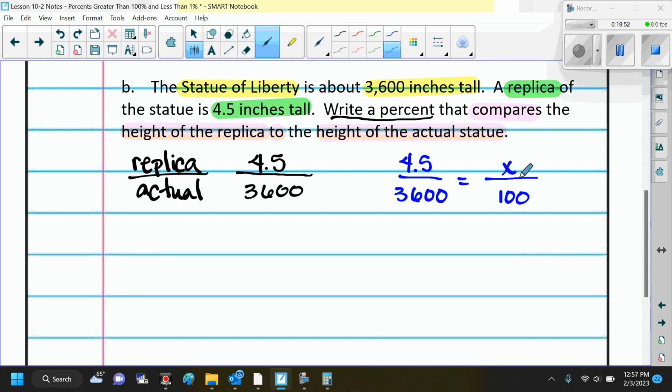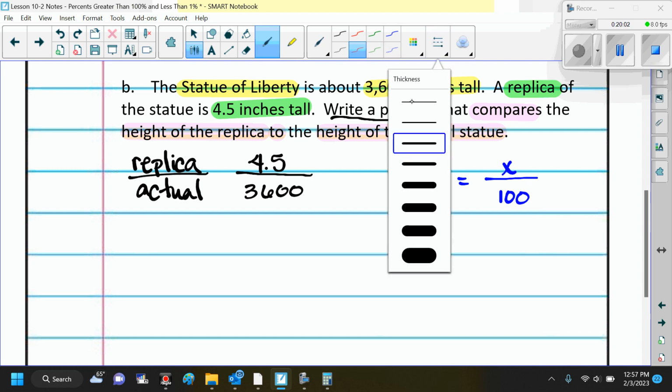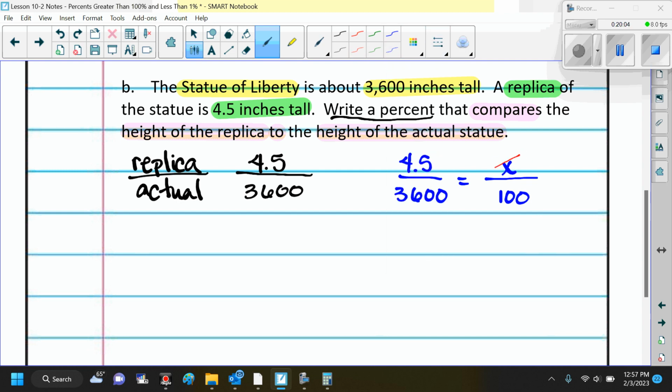Now, I know that I can't get from 3,600 to 100 directly. So I'm going to cross multiply. So when we cross multiply, we've got 3,600x on this side, and then on the other side, 4.5 times 100, that's going to be 450.